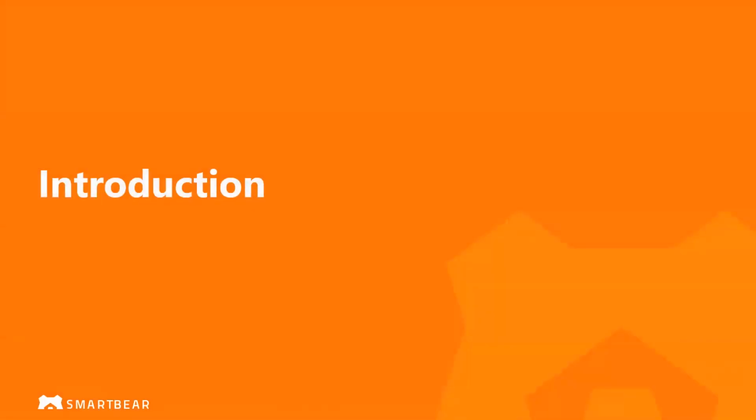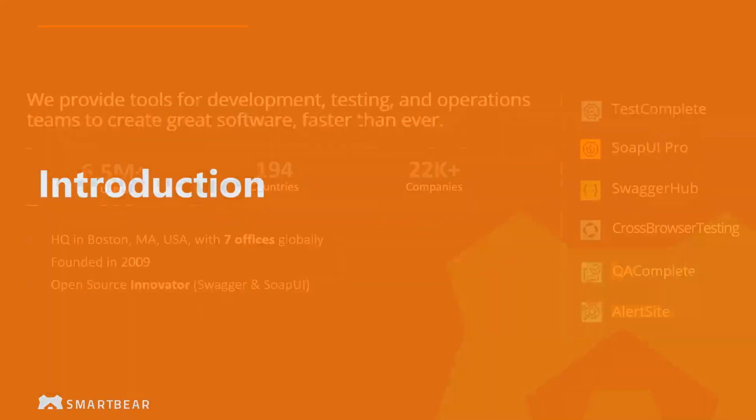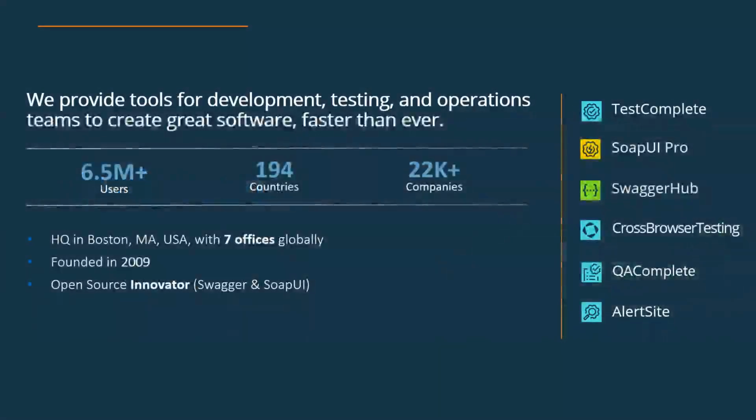Okay, so let's get into our introduction. Just to give an overview of SmartBear and who we are. We provide tools for development, testing, and operations teams to create great software faster than ever. We work with over 6.5 million users across 194 different countries and 22,000 companies.